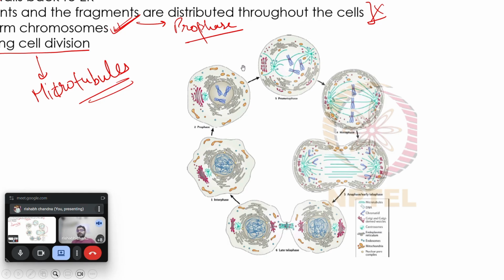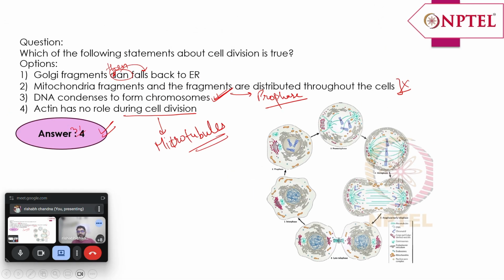For the mitochondria and chloroplast, they are endosymbionts, so they divide as a new organism. They also divide from the pre-existing cell itself. So one mitochondrion gives rise to two mitochondria, and that is done during the G1 and S phase. Then the Golgi is also fragmented into two Golgi fragments.